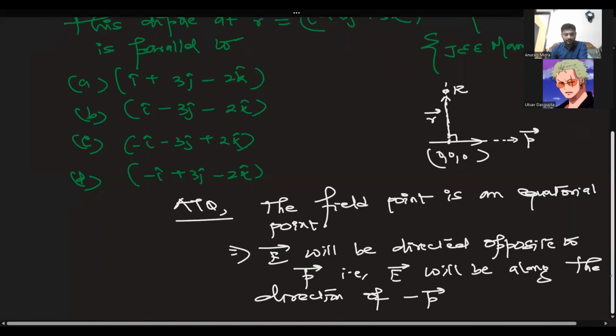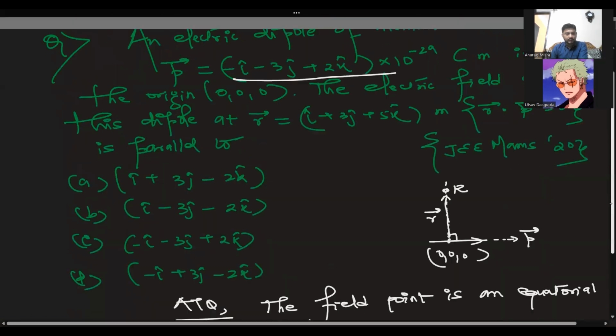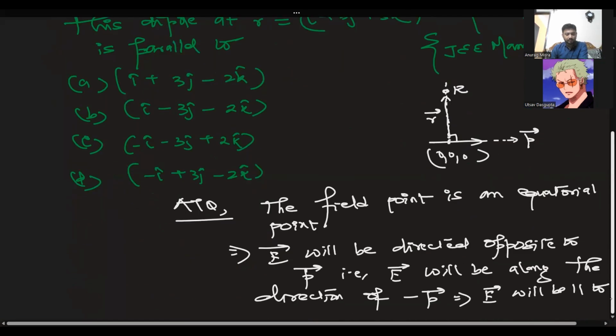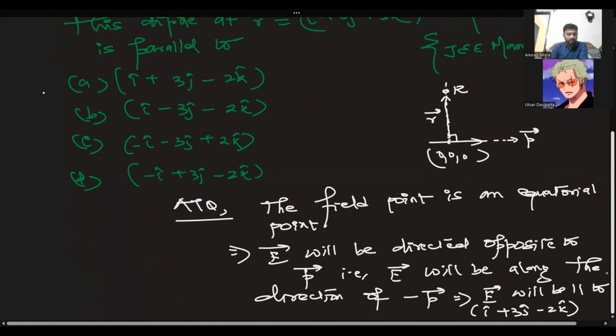So obviously we can say therefore E will be parallel to what? Negative of that. তাহলে minus i cap minus 3j cap plus 2k cap আর নেগেটিভ কি হয়? plus i cap plus 3j cap minus 2k cap. Right? That means option number A.